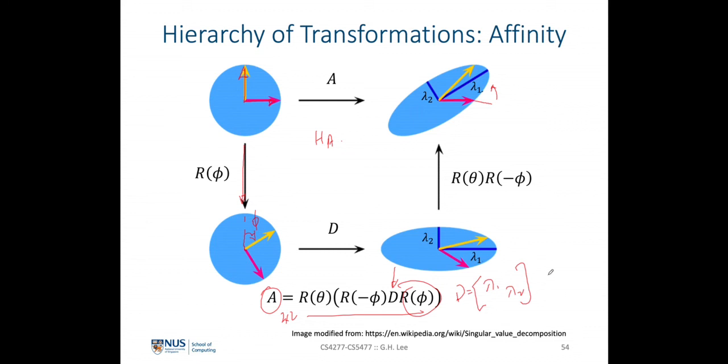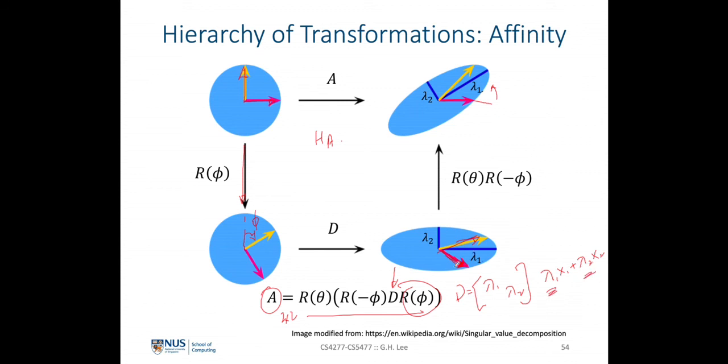So a multiplication with this simply means that I'm multiplying the first component of X with lambda 1 and the second component of X with lambda 2. Hence, I'm actually scaling it, or stretching it, with the components lambda 1 and lambda 2 here.